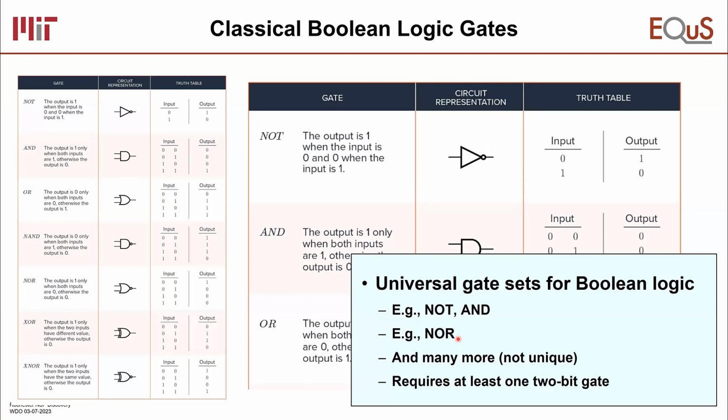Now, depending on the starting and ending point, some set of gates may be more efficient than others, but it's possible with a universal set of gates to get from any point A in the state space to any point B. And we'll just note that this requires at least one 2-bit gate to do it.